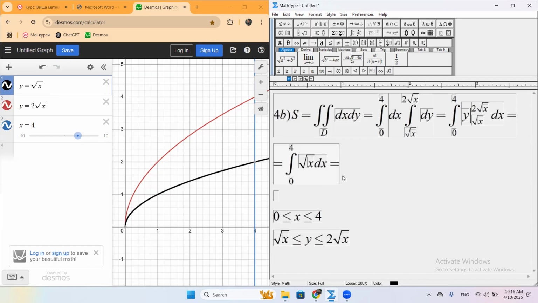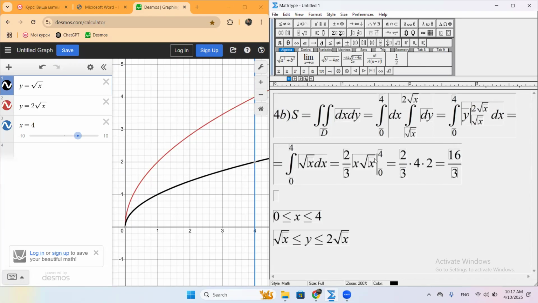And the antiderivative is the following: 2 over 3 x times square root of x, from 0 to 4. So substitute in 4, and what will we receive? 2 over 3 times 4 times 2. So it is 16 over 3.